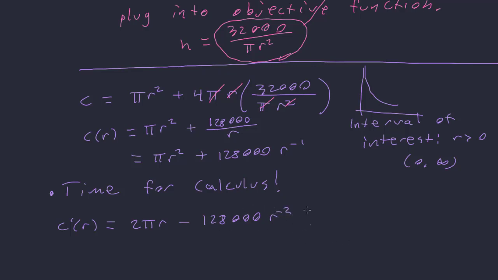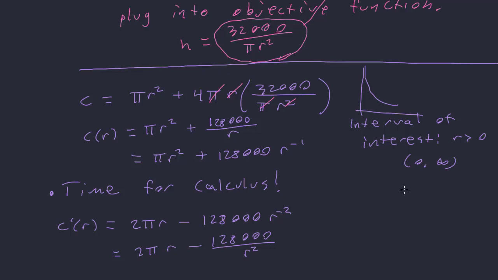Now, this does have an undefined critical point, because if we rewrite this as a fraction, 128,000 over r squared, r equals 0 causes this to be undefined. However, we are not considering that because it's not even in the interval of interest.